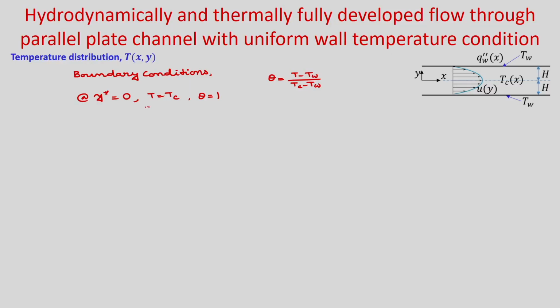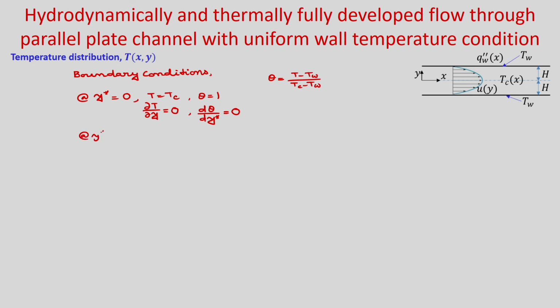That means you can write dT by dy will be 0. In this case you can write delta T by delta y will be 0 at y star equal to 0, or in terms of theta, d theta by dy star will be 0.